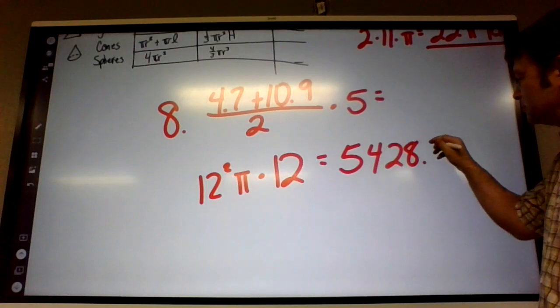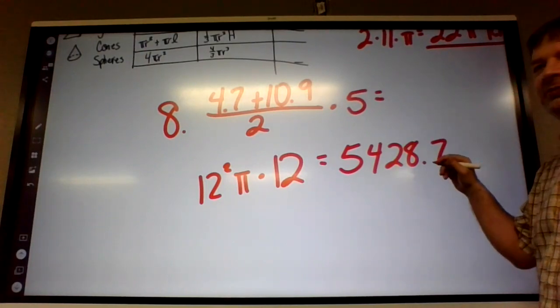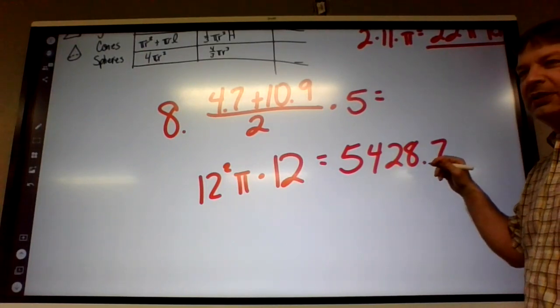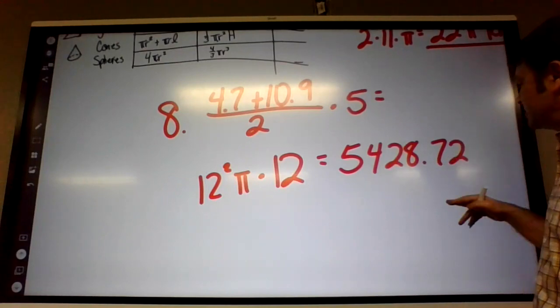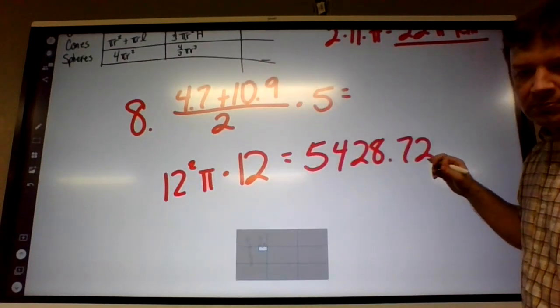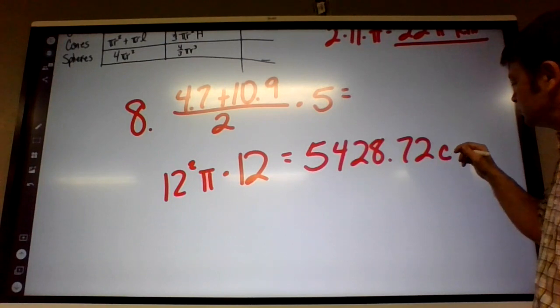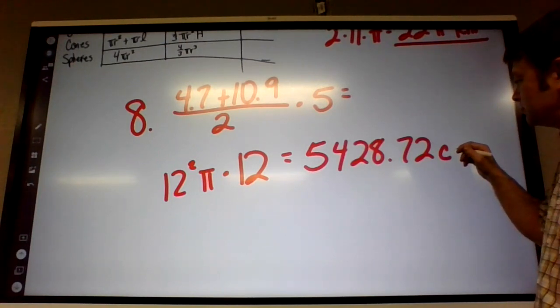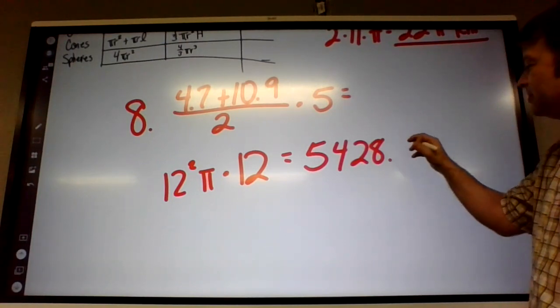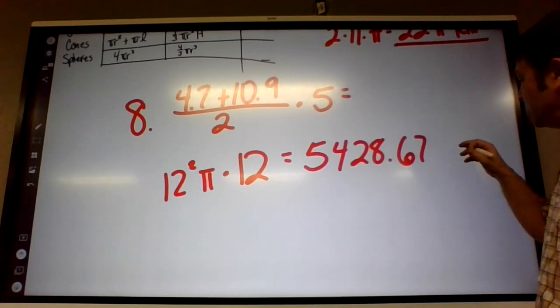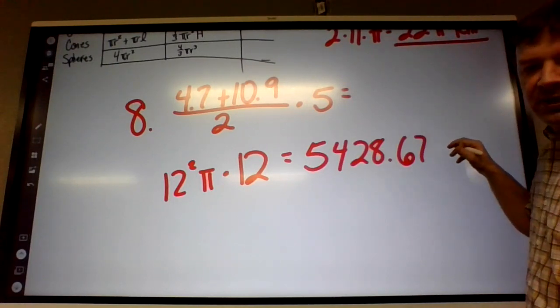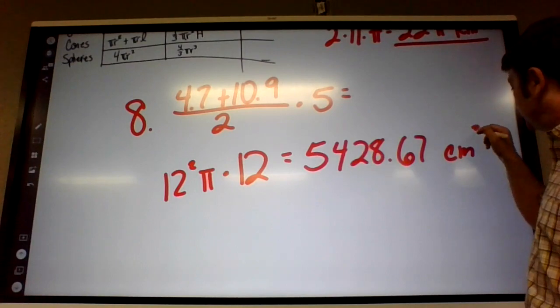So it'd be 6, 7, 2. Okay, what was this, centimeters squared, cubed?